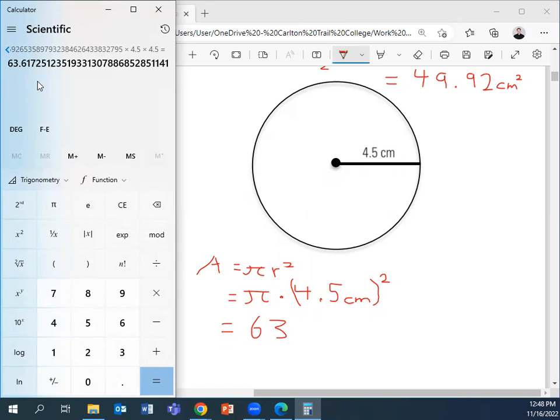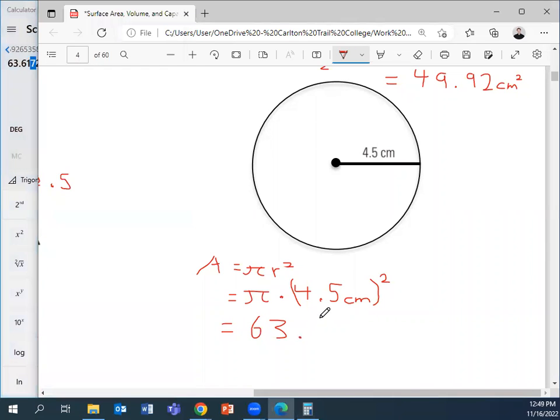You could have a rocket going from here to the end of the universe, and you only need like 10 decimal places to get it there accurately. So I'm just going to round it down to 1 or 2 decimal places. So 63.6, not 63.5, because the 7 here is the next digit. I'll tell you specifically how much to round it down to, but as long as you round it down to something, that's the important thing here.